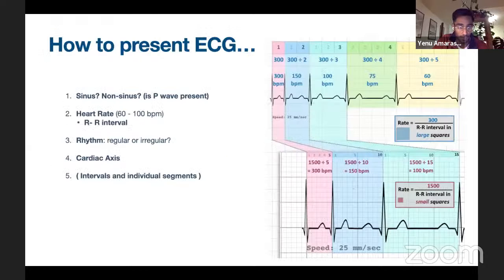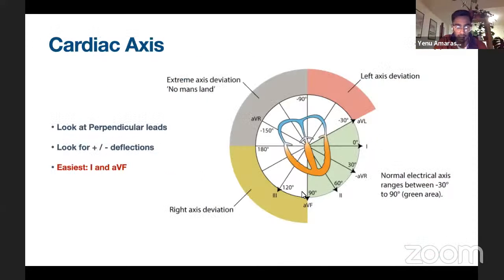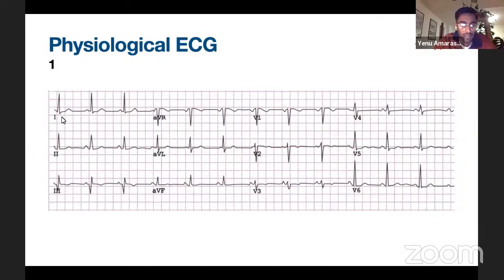If I just skip to this ECG, for example, by positive and negative deflections, I mean, if anything is going above the isoelectric line, so the baseline of the ECG, it's deemed a positive deflection. And anything going below, like here, is deemed a negative deflection. So if we take lead 1 and lead AVF on this example, in lead 1, there's a positive deflection, going up with very little negative deflection.